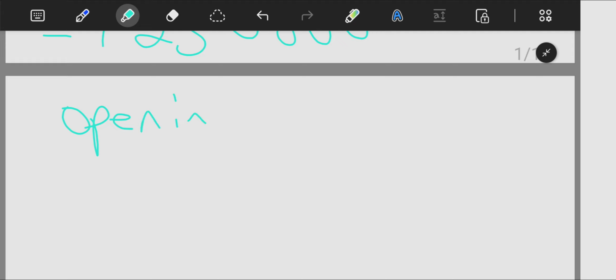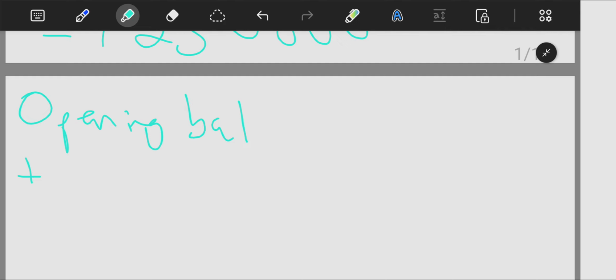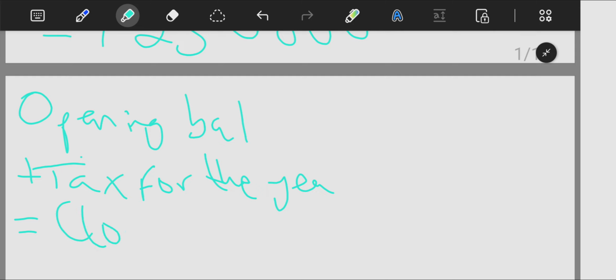Opening balance plus liability for the year plus tax for the year is equal to closing balance.